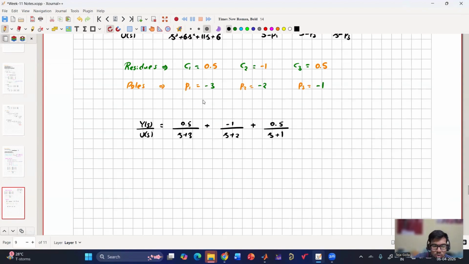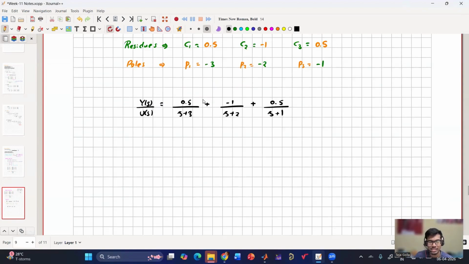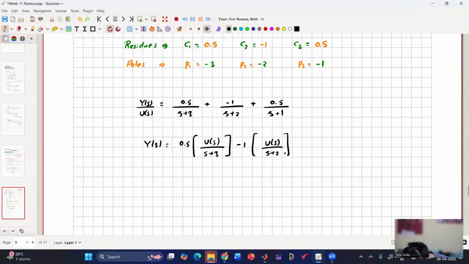Now we'll take the u of s and see how we are going to proceed. So y of s is 0.5 into u of s by s plus 3, minus 1 into u of s by s plus 2, plus 0.5 into u of s by s plus 1.